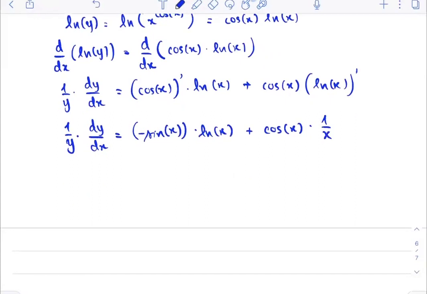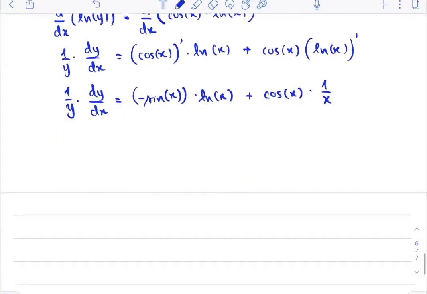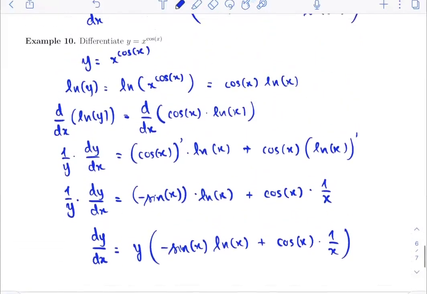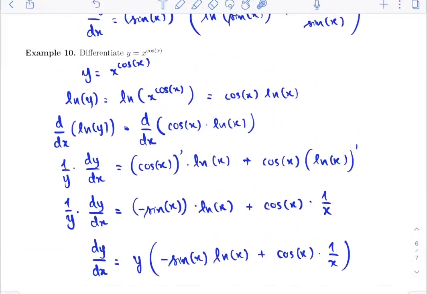Now at this point, you can solve for dy/dx. That is dy/dx equals y times negative sine of x times ln of x plus cosine of x times 1 over x. And to obtain the final solution, you substitute y equals x to the cosine of x, which is the original function.